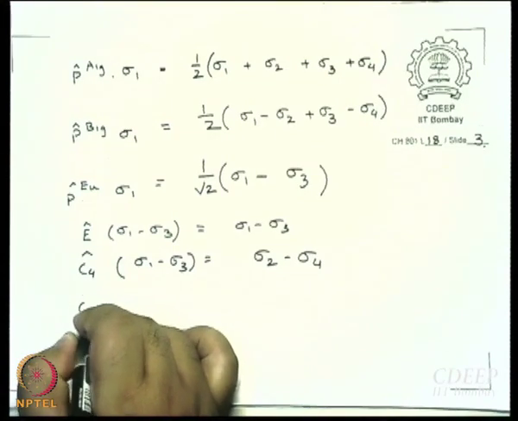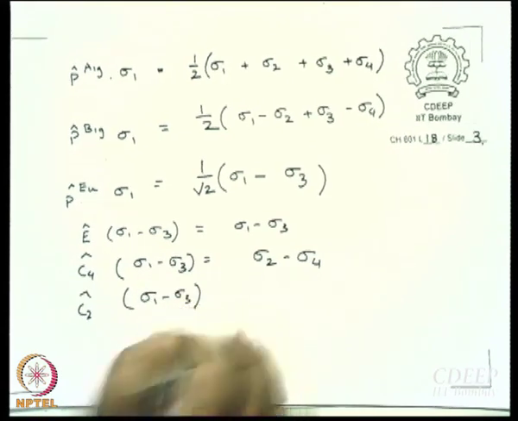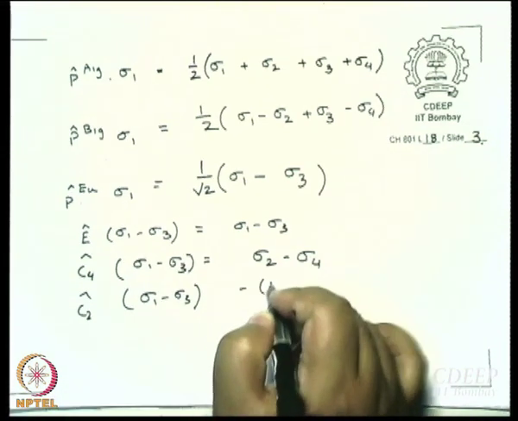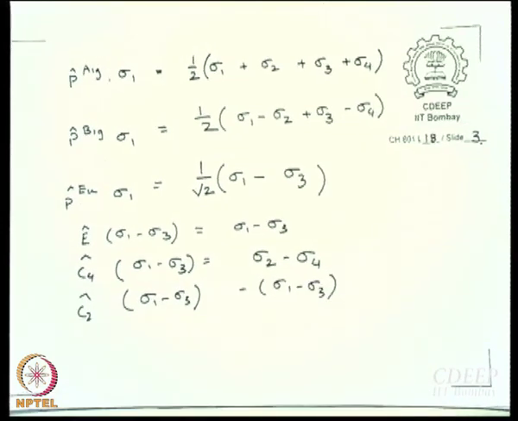Okay, what is next after C4? C2. C2 operating on sigma 1 minus sigma 3, what will you get? Same thing, right? Sigma 3 minus sigma 1, which is minus sigma 1 minus sigma 3. See, it is unfolding in front of our eyes, isn't it?